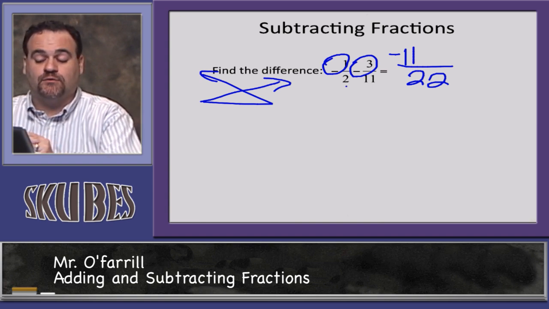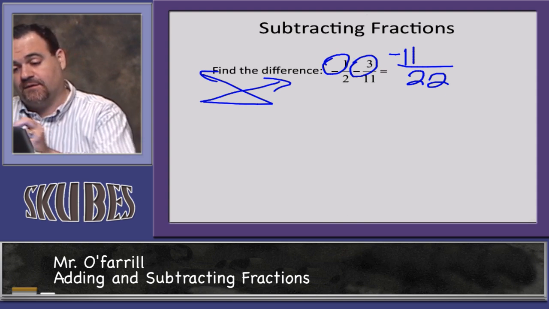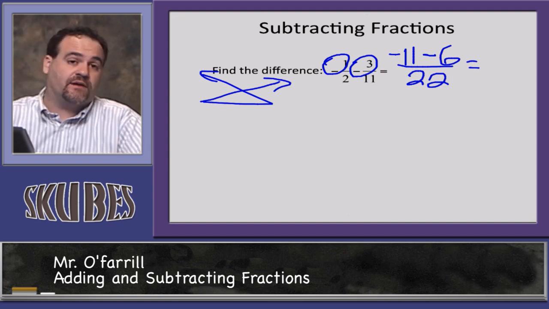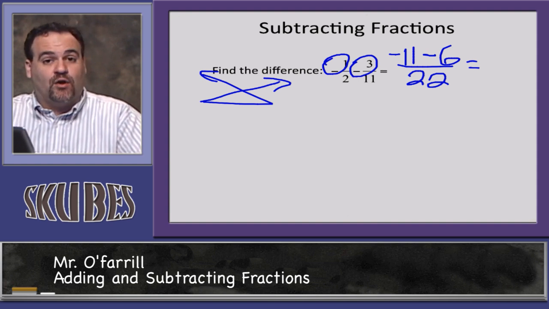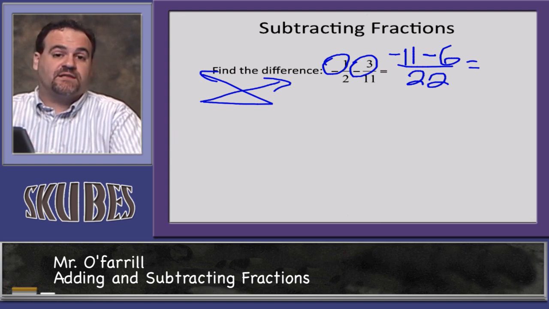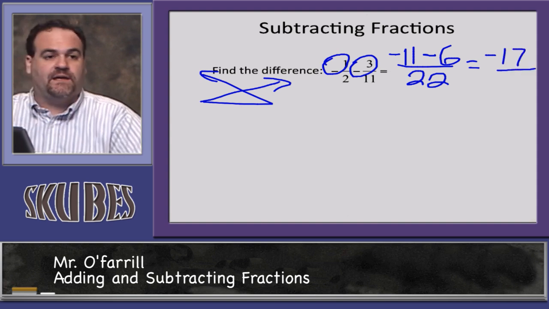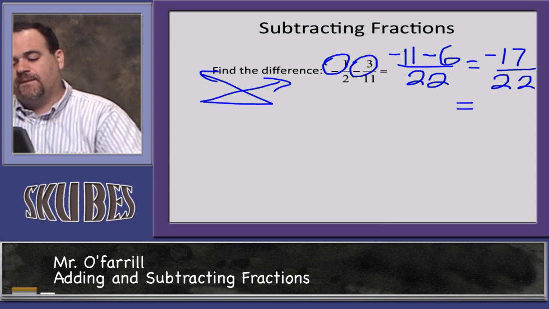And 2 times negative 3 is negative 6. Both numbers are negative, and as you remember from adding and subtracting integers, if they're both negative, we are going to increase the magnitude of what we're looking at. So 11 and 6, that's going to be a negative 17 over the denominator, 22.